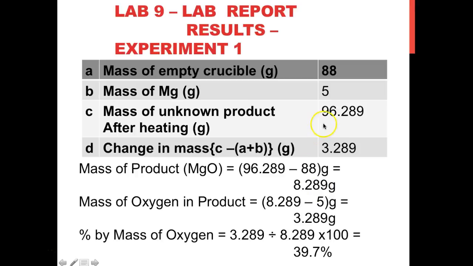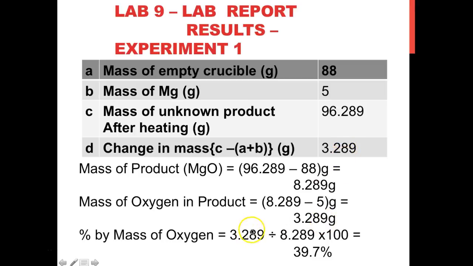So that final mass was 96.289. If you subtract the mass of the crucible, that's the mass of the product, 8.289, and if you subtract 5 grams mass of the magnesium, you get 3.289, which is the mass of oxygen.